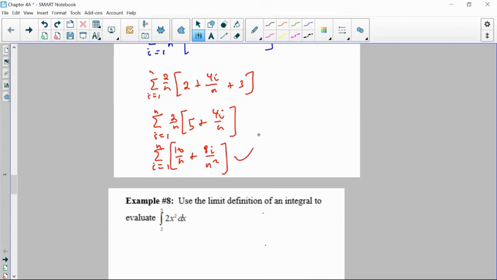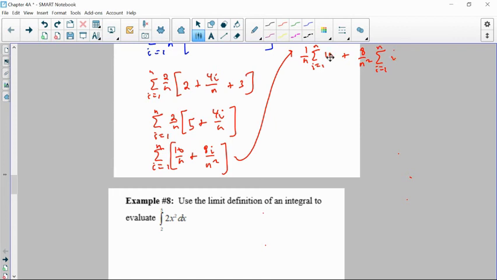So we could factor out the 1 over n: 1 over n, sigma i equals 1 to n of 10, plus, and then we can factor out the 8 over n squared, sigma i equals 1 to n of i.